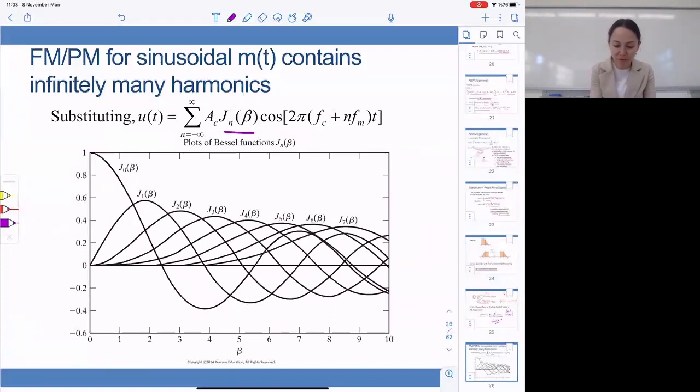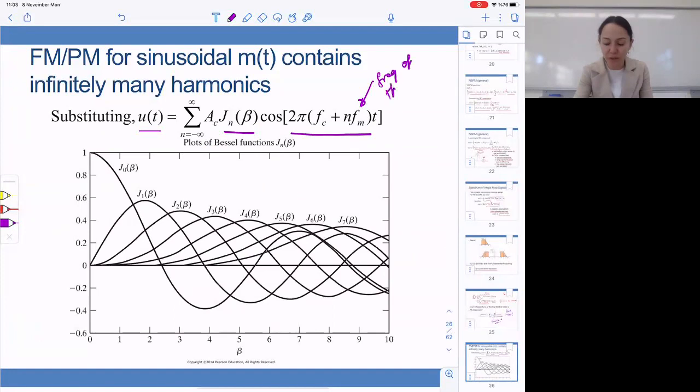So our modulated waveform can be expressed in this form: cosine of 2 pi (fc plus n fm) t. What is fm? fm is the frequency of the single tone message signal.